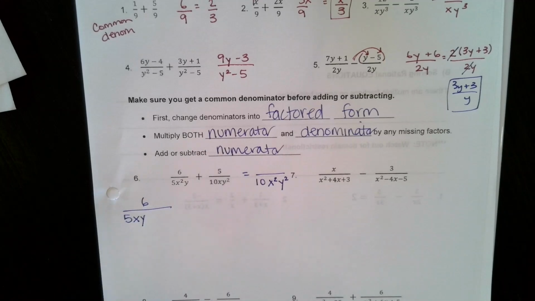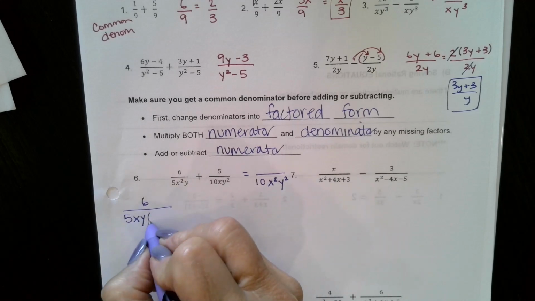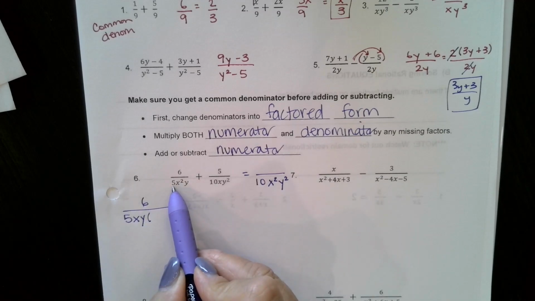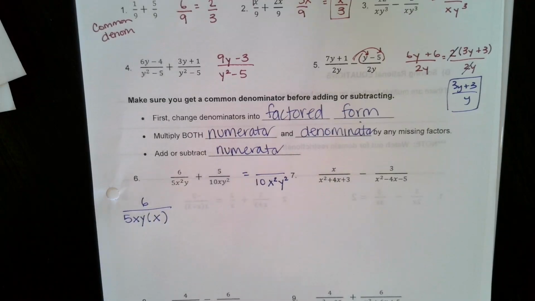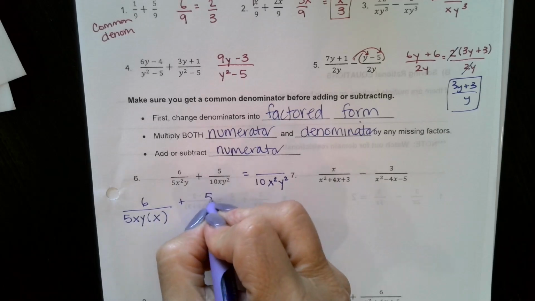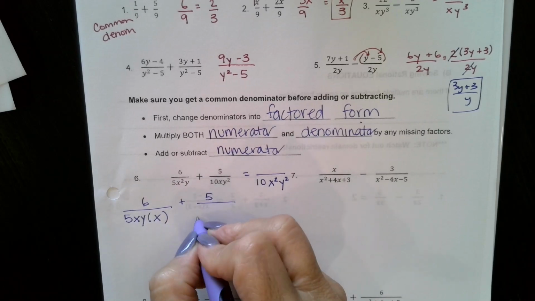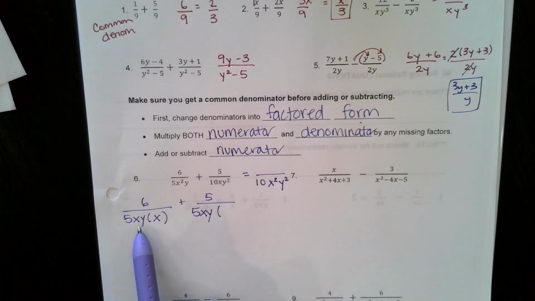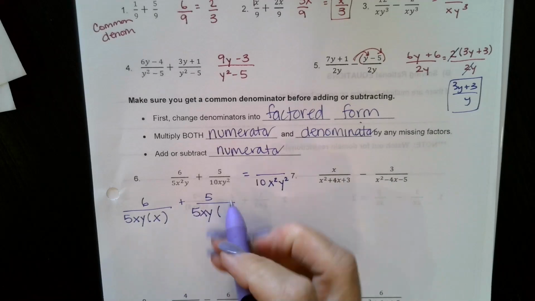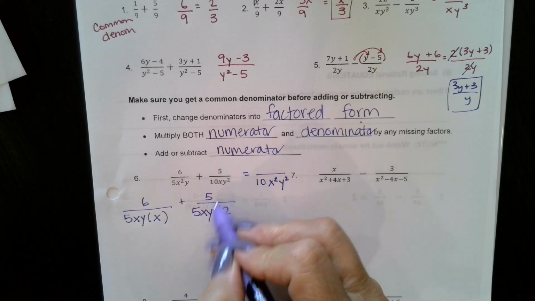That's what I can pull out as I factor this. So if I look at what's left, I pulled out the 5, I have an extra x, and I only have 1y, so I'm good. If I look at this next one, I'm going to pull out a 5xy, because I know that this is my common factor. So I'm left with a 2 and 1y.